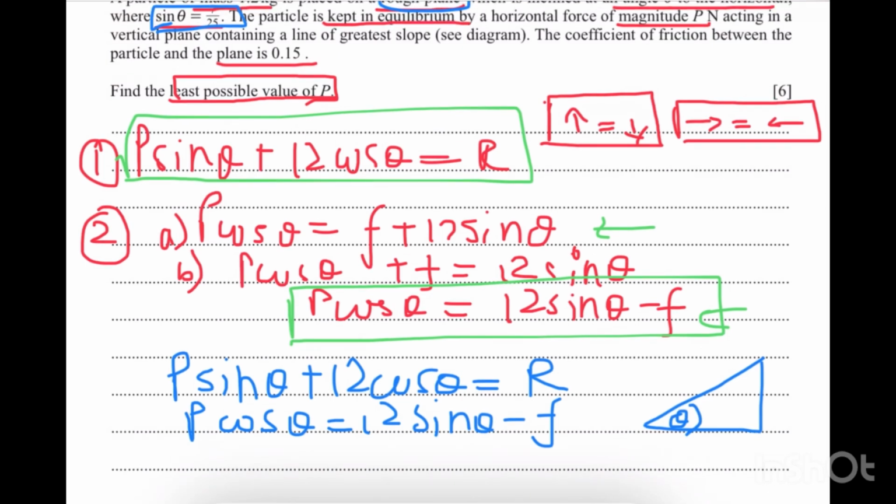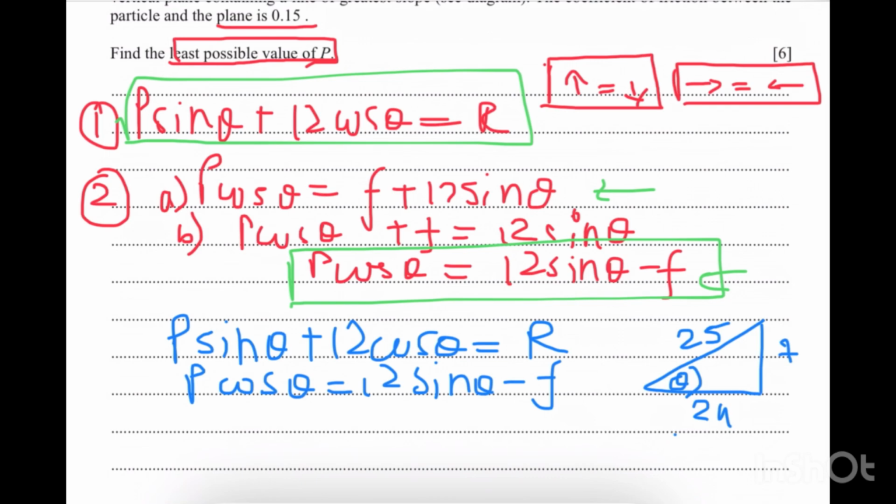So perpendicular must be equal to 7 and the hypotenuse must be equal to 25 for sine theta to equal 7 over 25. So using the Pythagoras theorem, we can find that the base is equal to 24. Now with this we can find the value of cos theta, which is the base over the hypotenuse, making cos theta equal to 24 over 25.